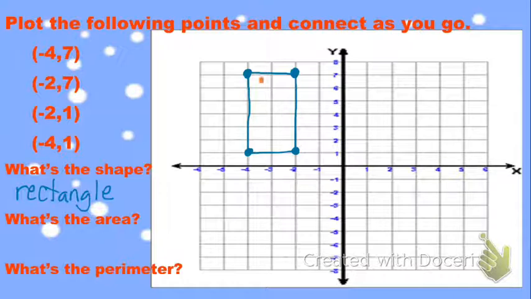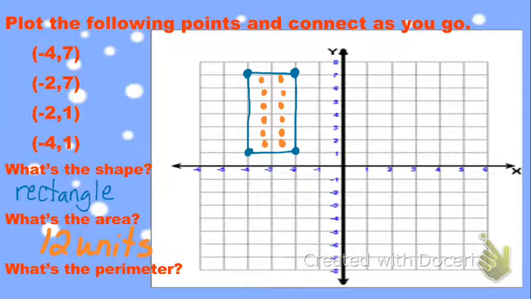So let's count it. 1, 2, 3, 4, 5, 6, 7, 8, 9, 10, 11, 12. So the area is 12, and since they don't tell us what these are, we're going to say it's 12 units. Remember how we did that before? We're going to call it 12 units.